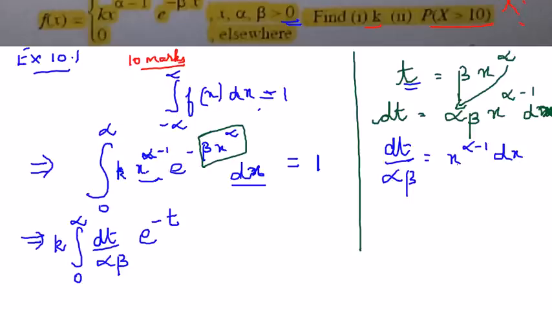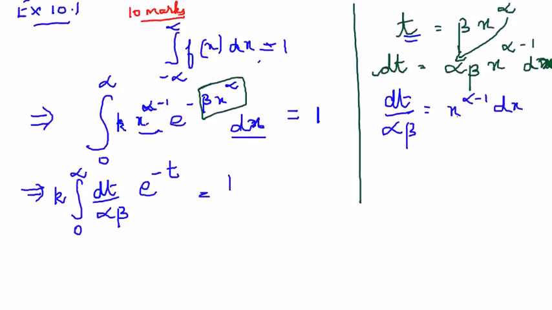It's equal to 1. Now let me write it more neatly. So it will be k by alpha beta. Alpha beta is a constant, I'm taking it outside. E power minus t dt is equal to 1.